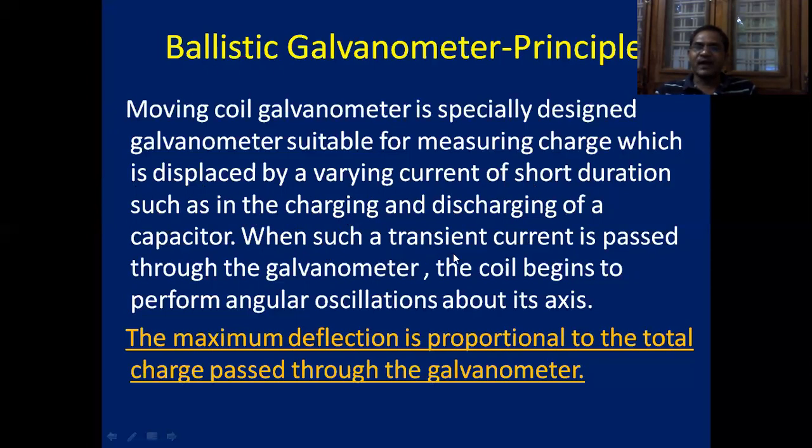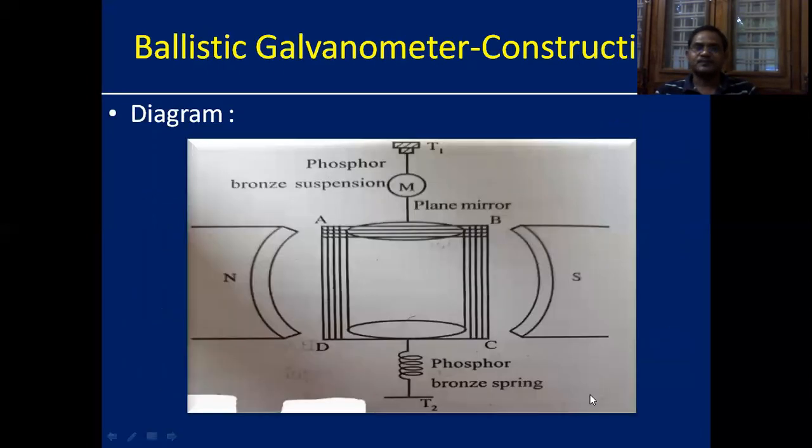When such a varying transient current is passing through the galvanometer, the coil will begin to perform angular oscillations about its axis. In this, the maximum deflection is proportional to the total charge passing through the galvanometer.